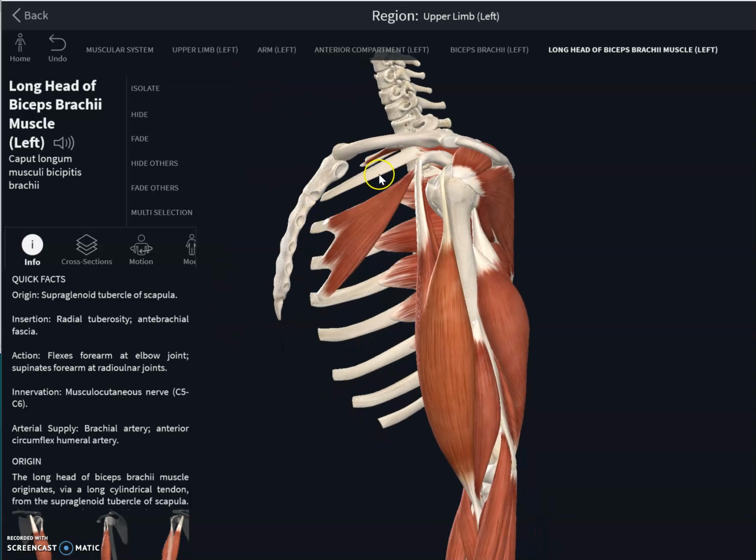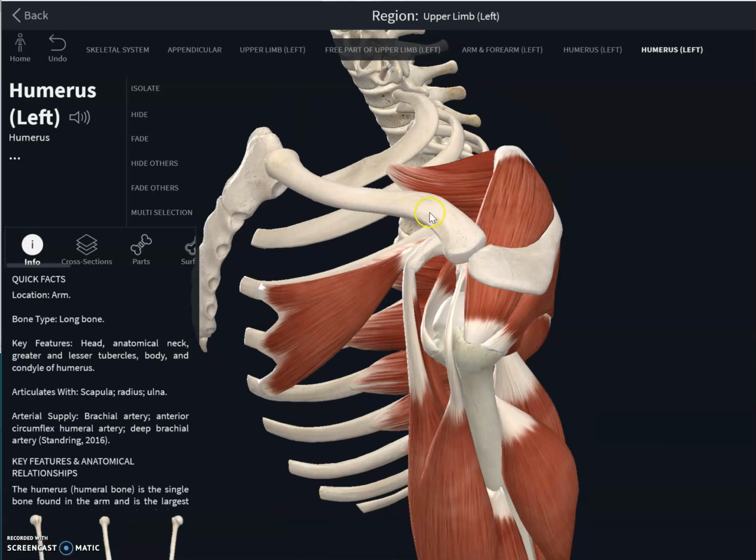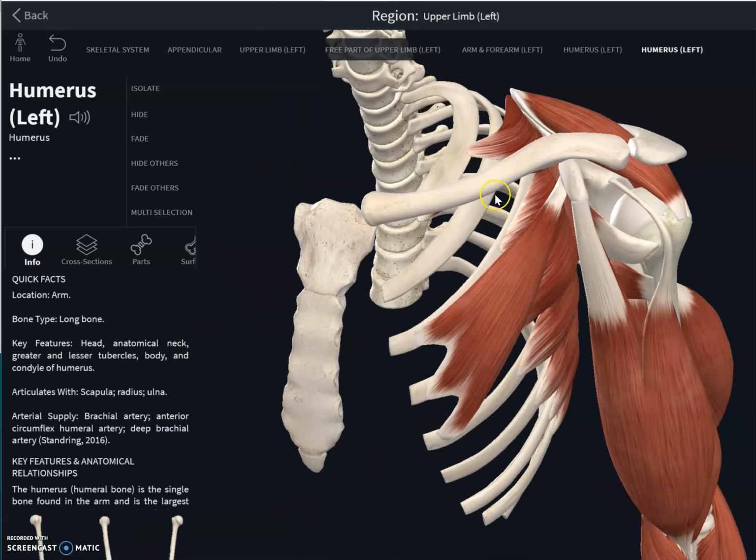If you rotate it, you can see the coracoid process of the scapula, and right up and above the head of the humerus, this area is where the supraglenoid tubercle of the scapula is located. So there's the scapula or the shoulder blade. So this muscle is called the biceps brachii.